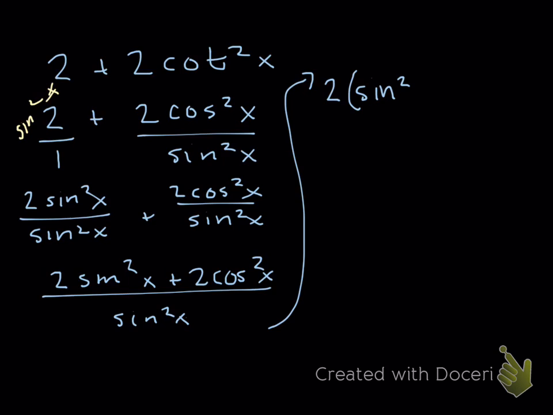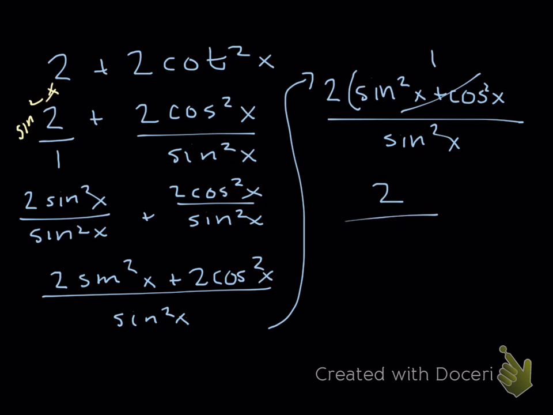So I'm left with sine squared of x plus cosine squared of x, and this is all over sine squared. And I know sine squared plus cosine squared is equal to 1. So this is going to cancel out and become 1. And 2 times 1 is 2 over sine squared of x.